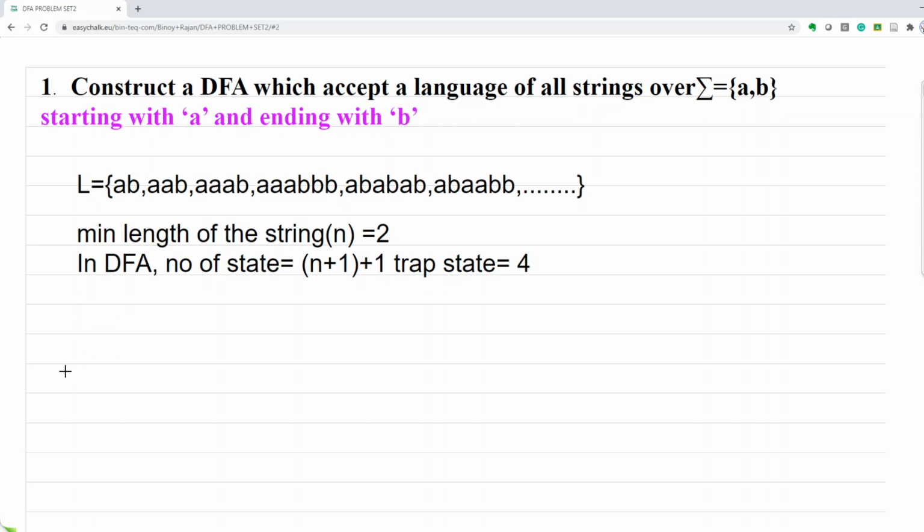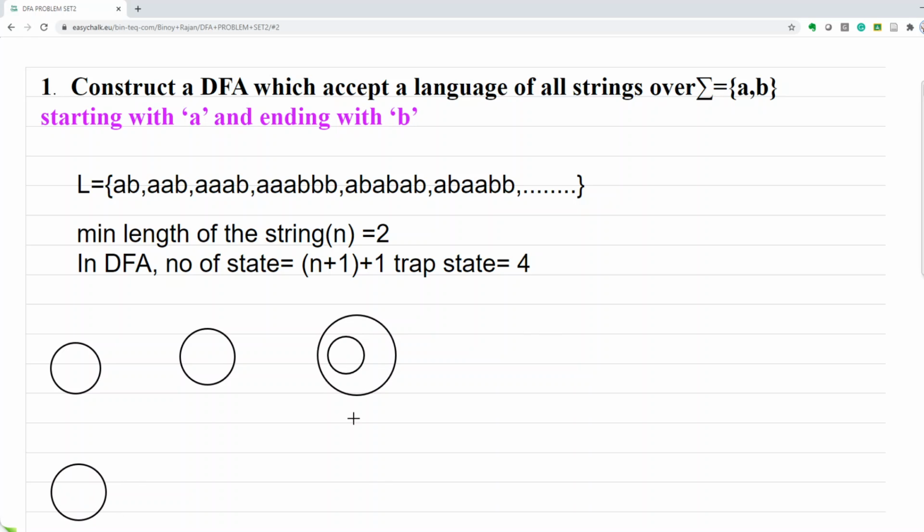Okay, so let's draw the diagram. This is your initial state, Q1 and Q2, and we might have a dead state. Now label the states.